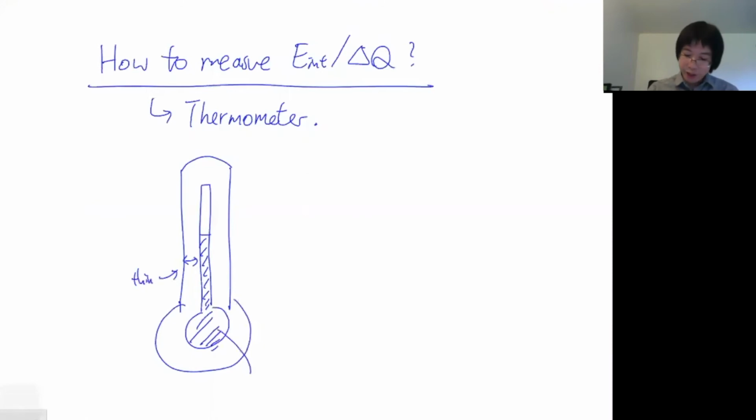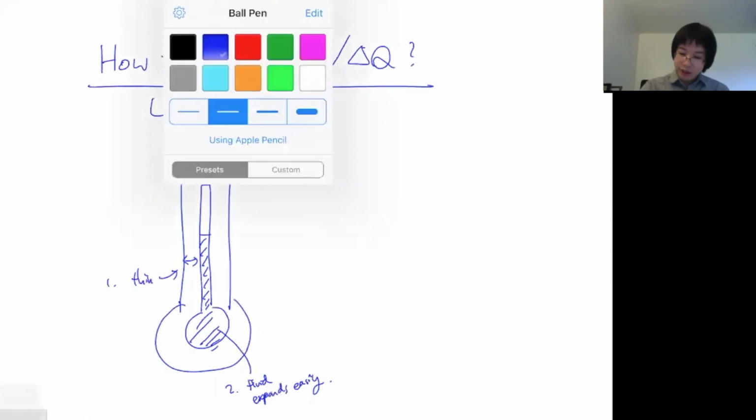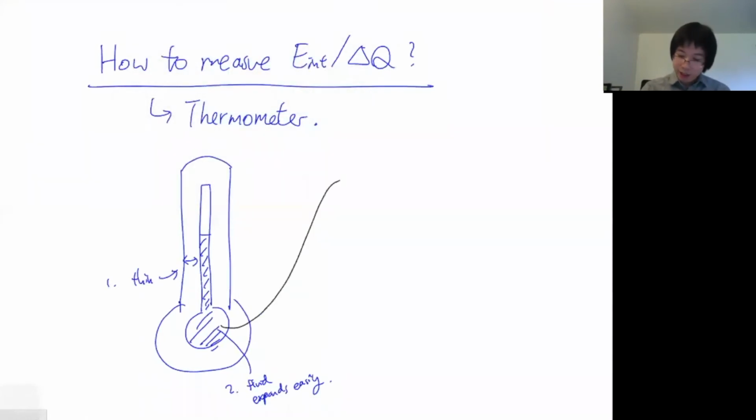That's criteria number 1. And criteria number 2, you need a fluid that expands easily. So when it's in contact, through conduction, then the volume of the fluid will increase.